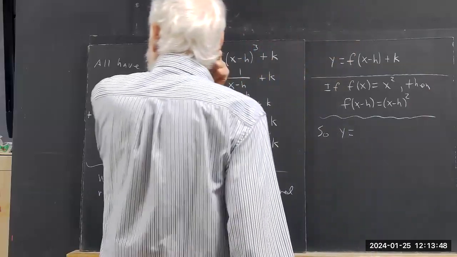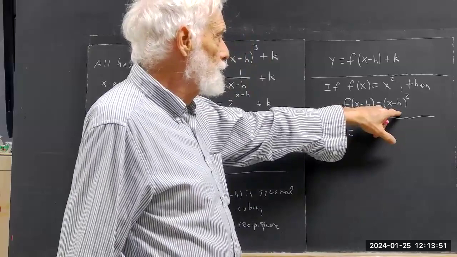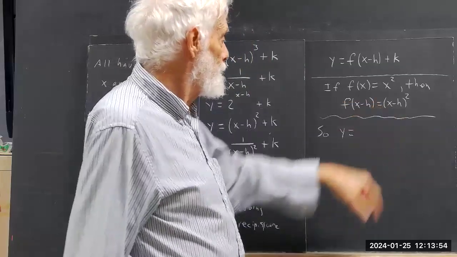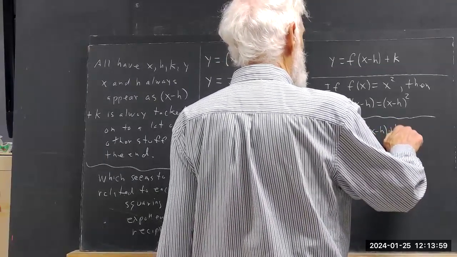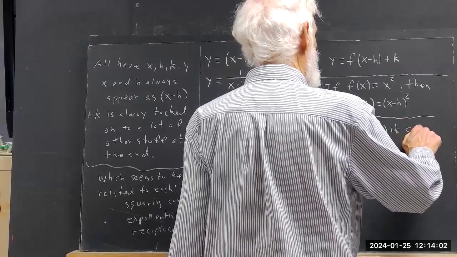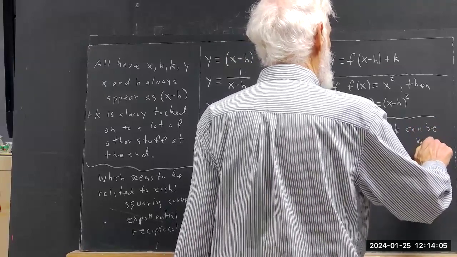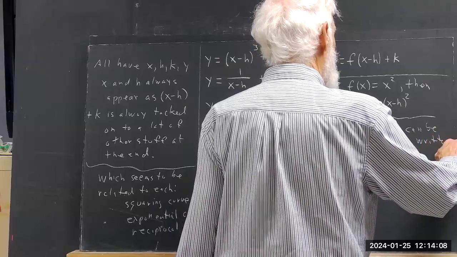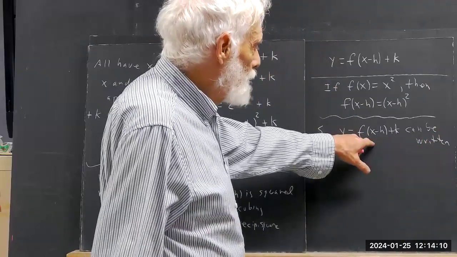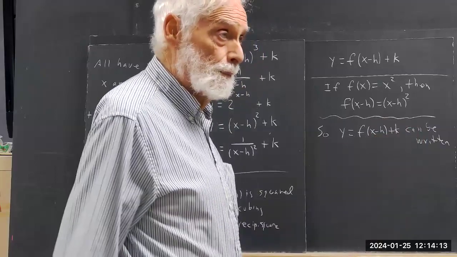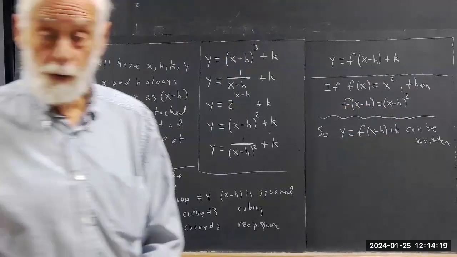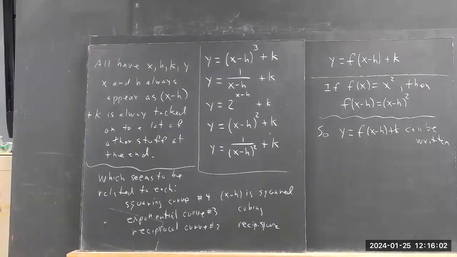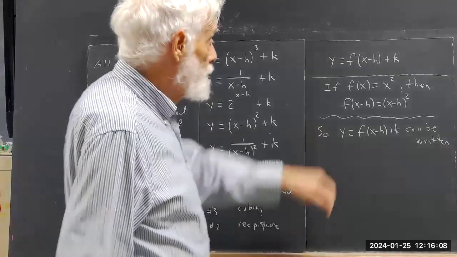Now, if f of x minus h equals x minus h squared, then y equals f of x minus h plus k can be written how? Write it out on your paper, using the fact that f of x minus h is x minus h squared. How do you write this?